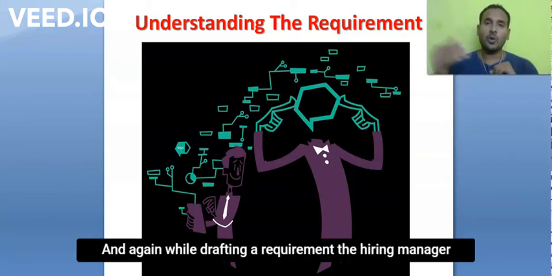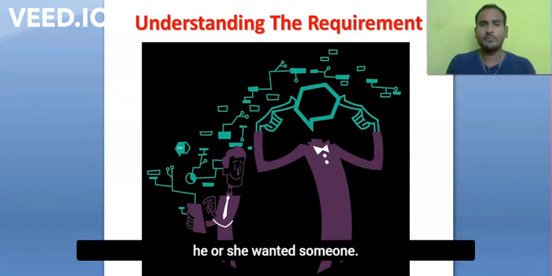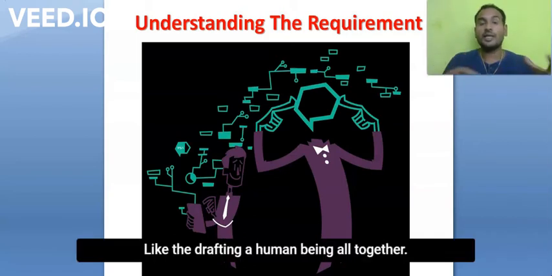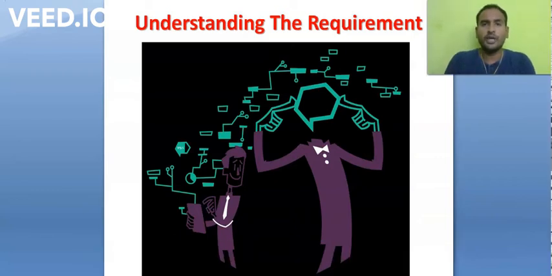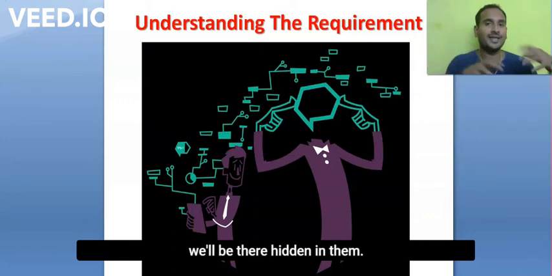While drafting a requirement, the hiring manager doesn't mean that they want someone on paper, but they want someone, like they're drafting a human being altogether. So here they mention the skill part, but most of the things will be hidden in them.